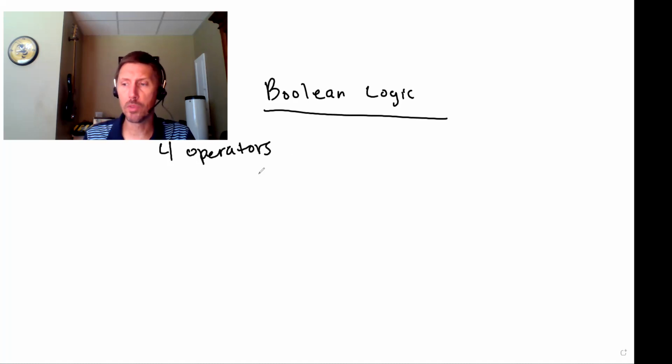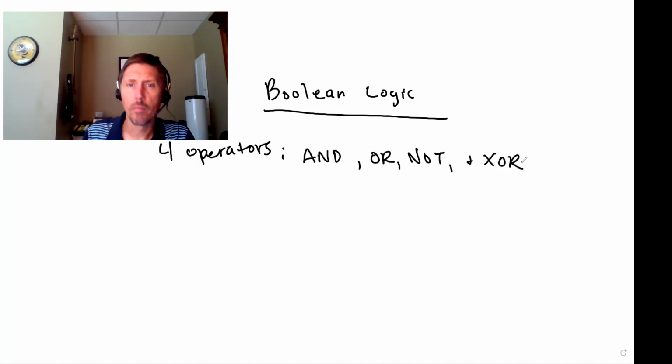Well, in Boolean logic, the 4 basic operators that we're going to deal with are AND, OR, NOT, and then finally XOR. Depending on what programming language you're using, there are different ways that these are represented.